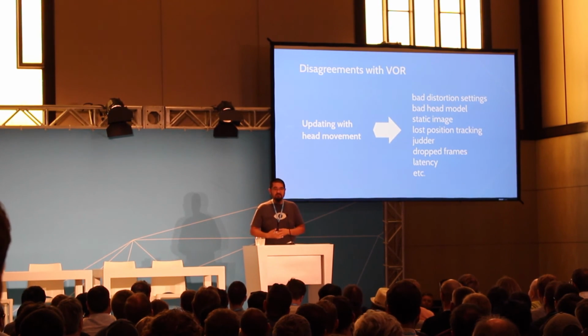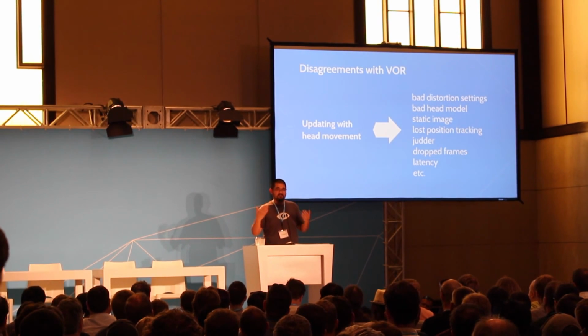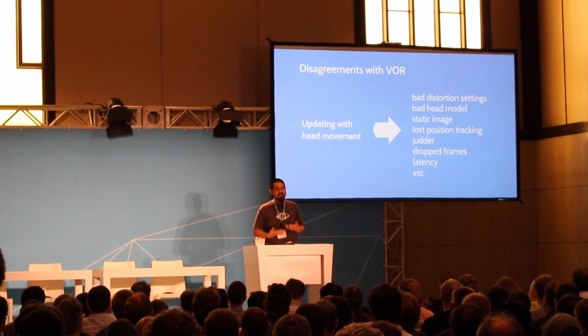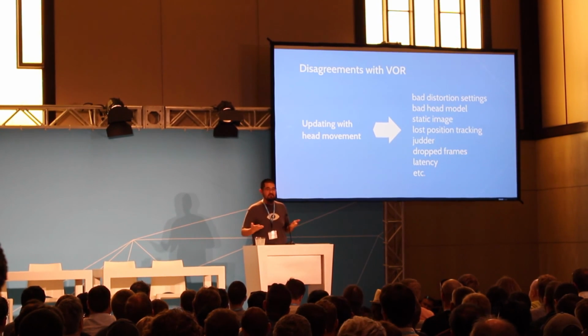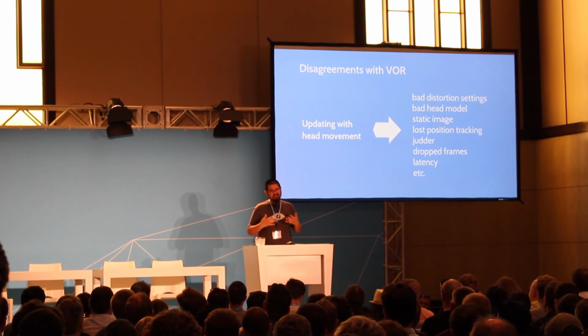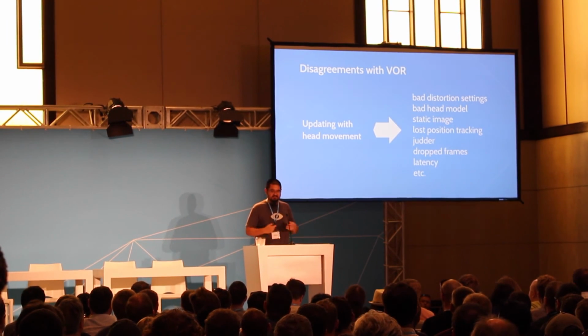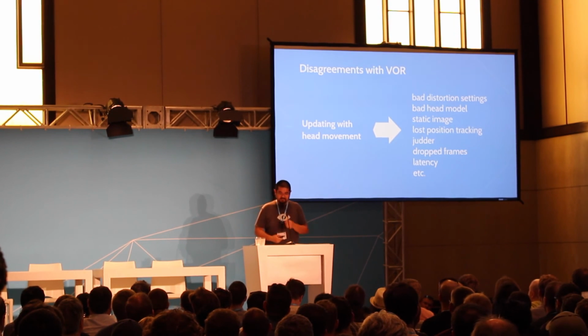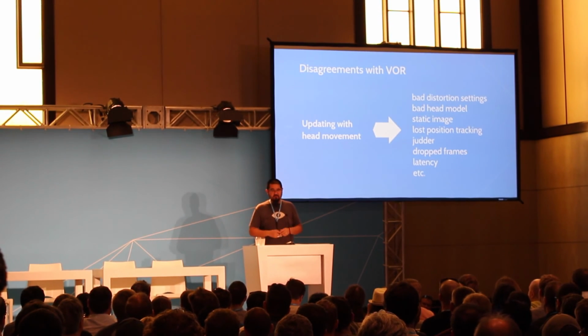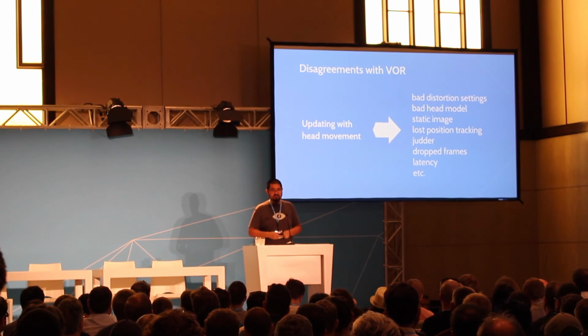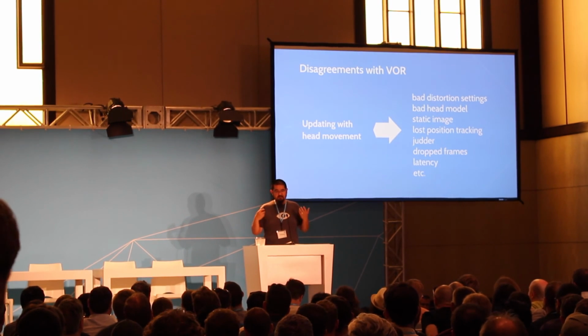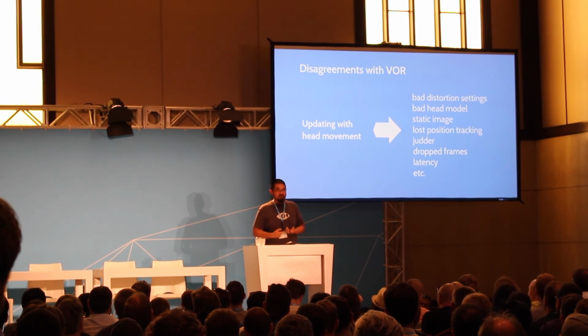This is the same reason why we recommend against just placing static images in front of people. You're not updating the image in any kind of way if you just place a static image in front of someone, and that can feel kind of weird. Other causes here: lost position tracking, judder, dropped frames, latency. Little things that we normally wouldn't think too much about can have a very big impact on your conscious experience of what's happening to you.